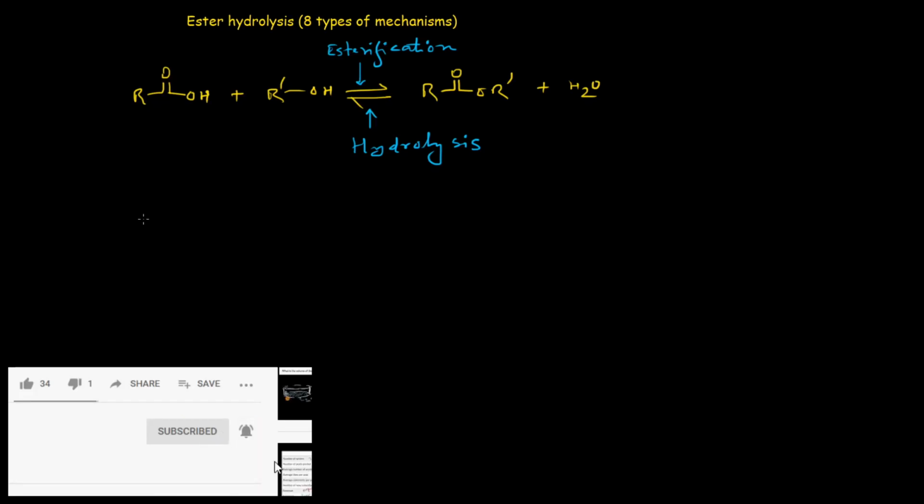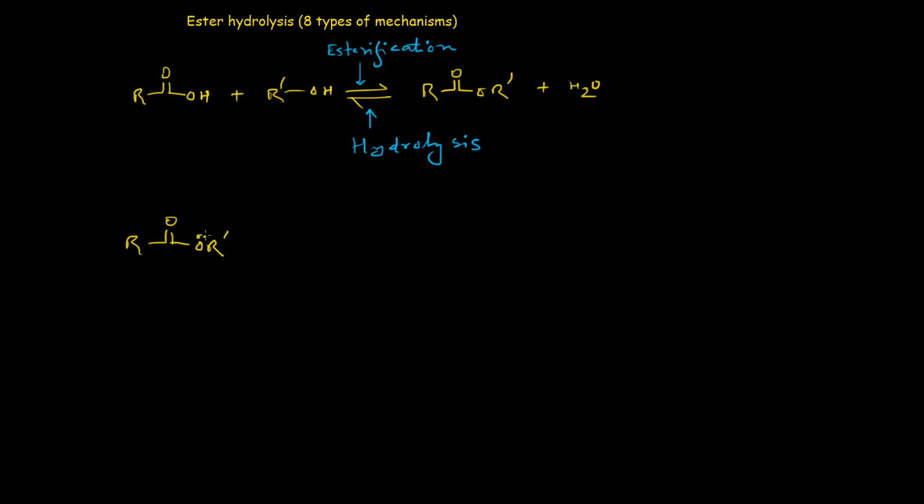So if you look at the ester molecule itself, then due to the presence of this kind of conjugation within the ester functional group, this carbon center is very less electrophilic in nature.